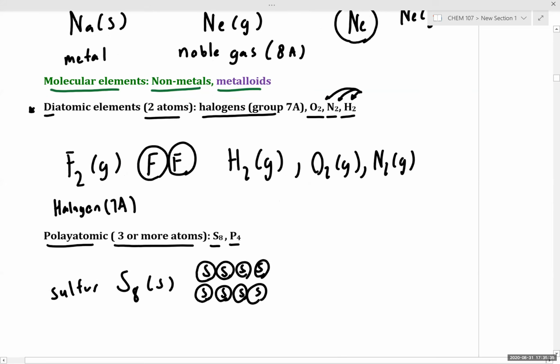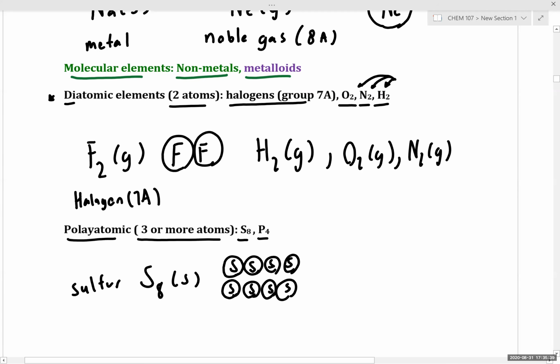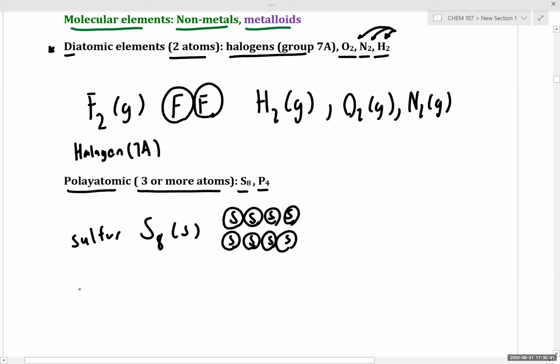The other polyatomic element that I want you to be familiar with is phosphorus. So phosphorus, otherwise known as P4 solid, is a polyatomic element where we have 4 phosphorus atoms chemically bonded together as part of its molecular formula.